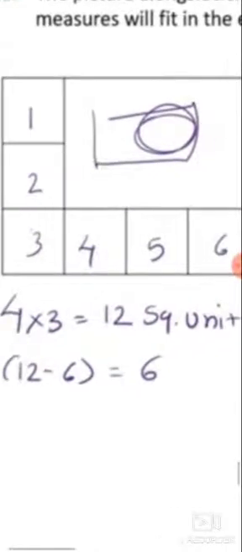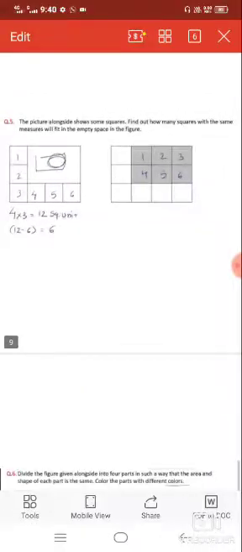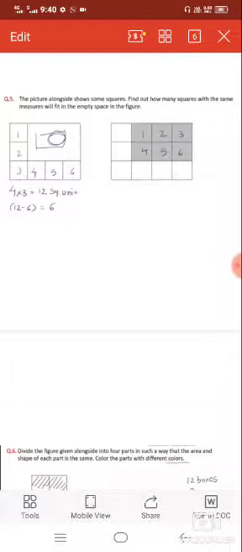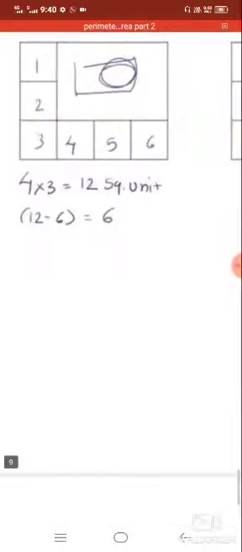So here is 1, 2, 3 in the vertical line. The vertical line carries 1, 2, 3 boxes and the horizontal line carries 1, 2, 3, 4 boxes. So vertical multiplied by horizontal, 4 multiplied by 3, is 12 square units. The total is 12 square units, and then count the filled boxes: 1, 2, 3, 4, 5, 6.